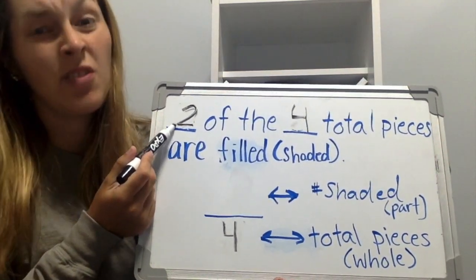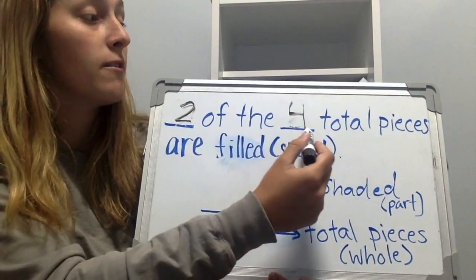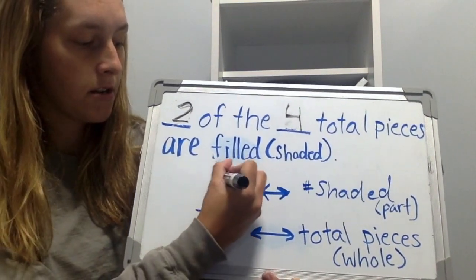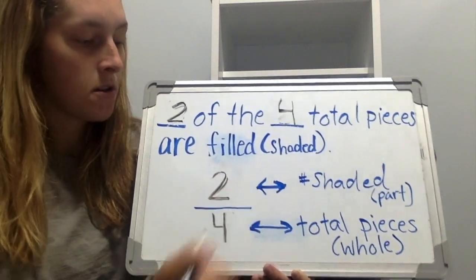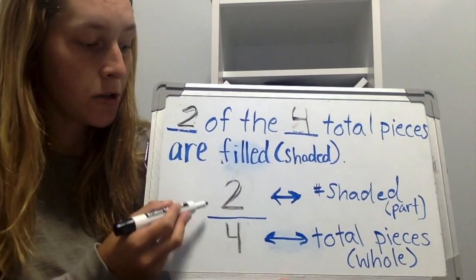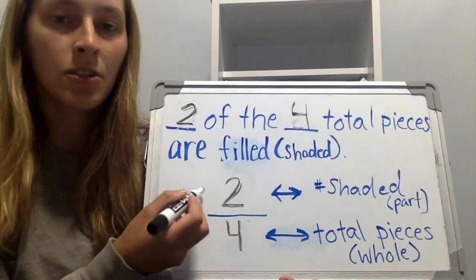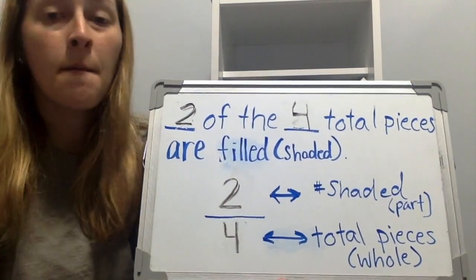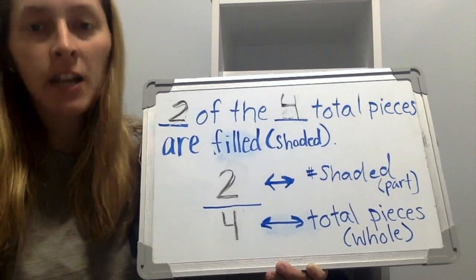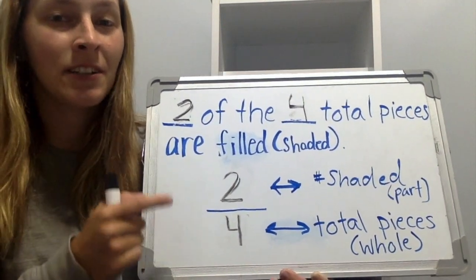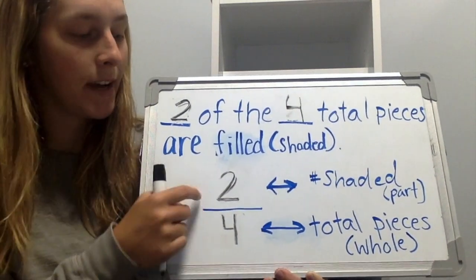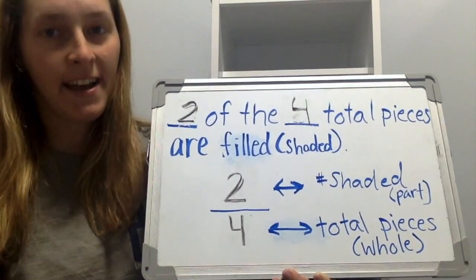Remember, 2 of the 4 total were shaded. So now we have 2/4. 2/4 of my square were shaded. And when you get to 3rd grade, you'll be able to simplify this to 1/2.